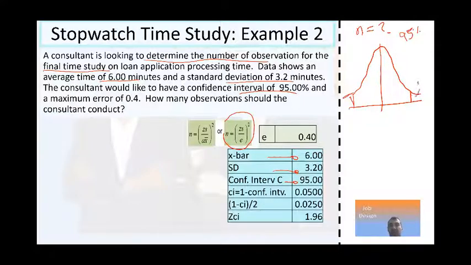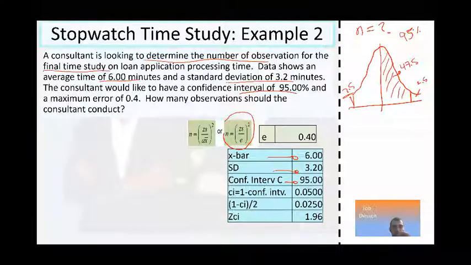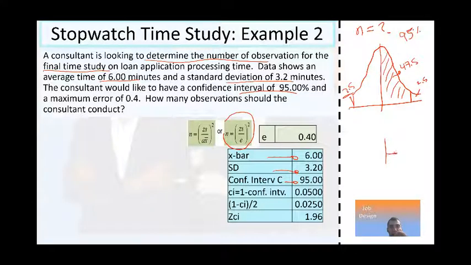So we have 2.5% on each side. If you have the z-table that is shaded from the midpoint, you're looking for the probability of 0.475 and its corresponding z, which should be 1.96. So z for a 95% interval is 1.96.